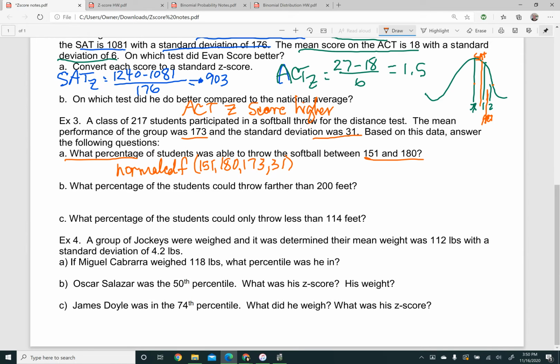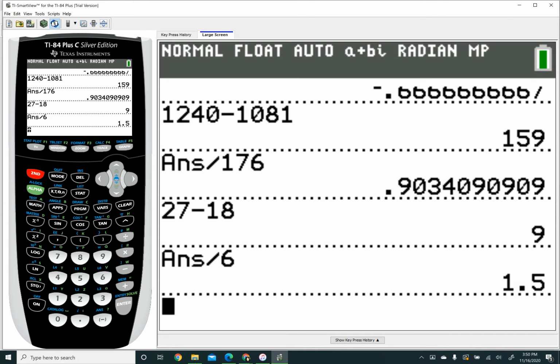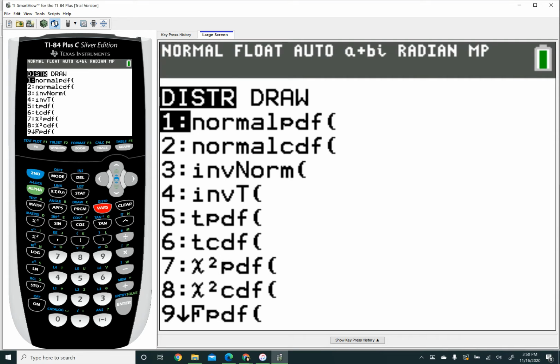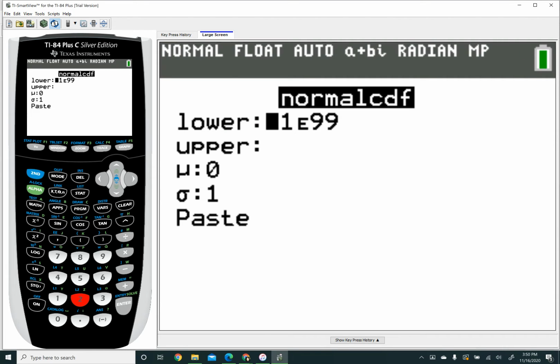Okay, so I want you to write what you would put in your calculator. This is my lower, this is my upper, this is my mean, this is my standard deviation. Any question that looks like your task questions, when it's asking you about percentages between here and there, above here or below there, that would be a normal CDF. So we go to our calculator, second VARS, and number 2, normal CDF.